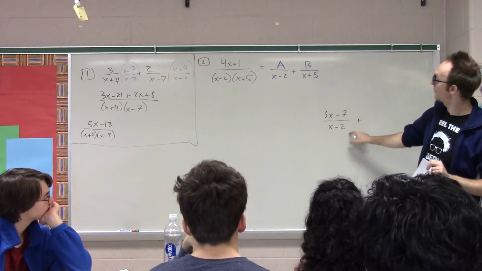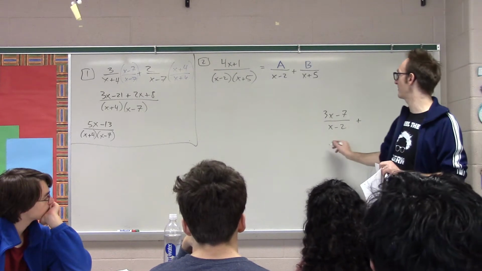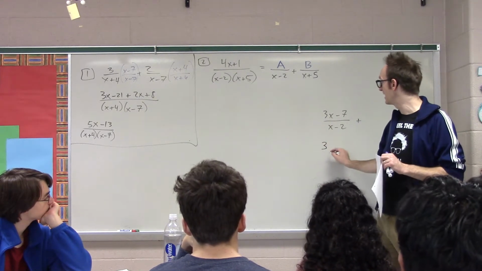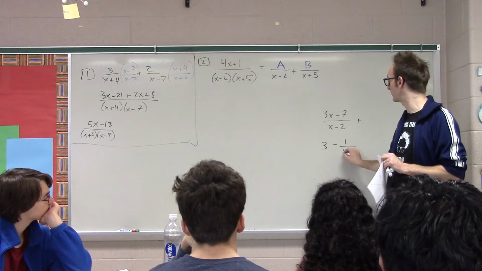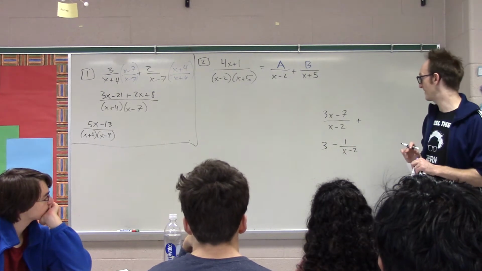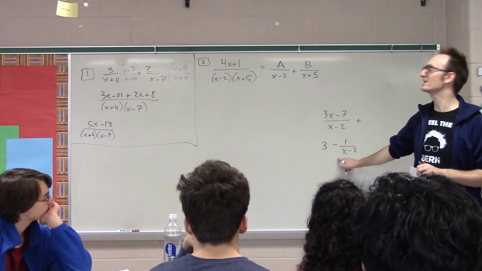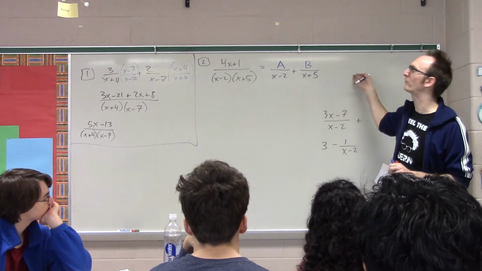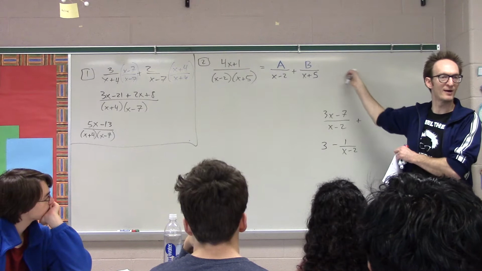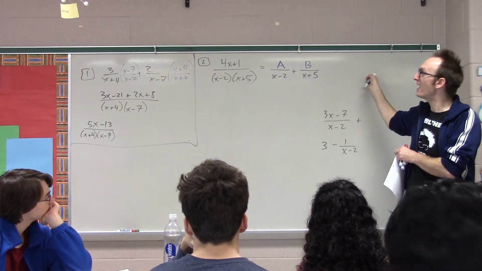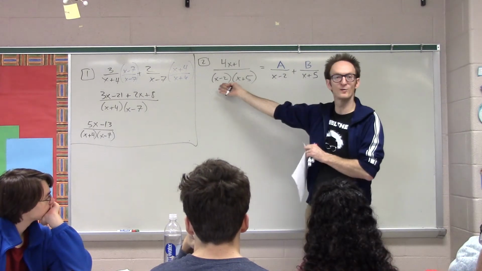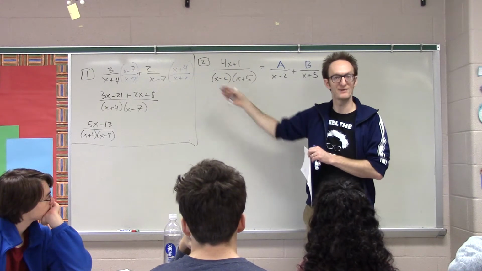And if you did polynomial long division on this, I'm doing it in my head, it would be 3 minus 1 over x minus 2. I think I did that right. And that just isn't true, because there's just no free floating 3 over here on the right hand side, because there's no free floating 3 over here on the left hand side.